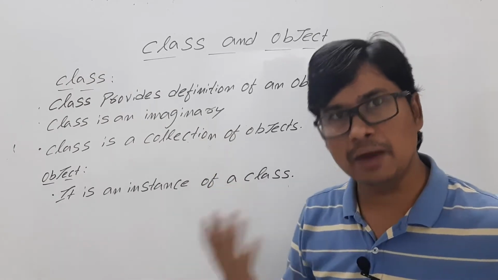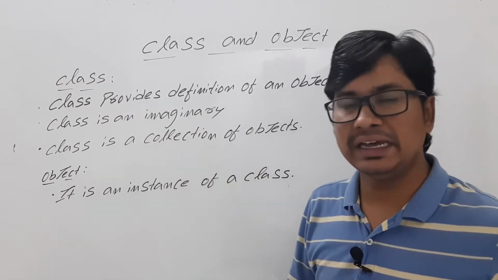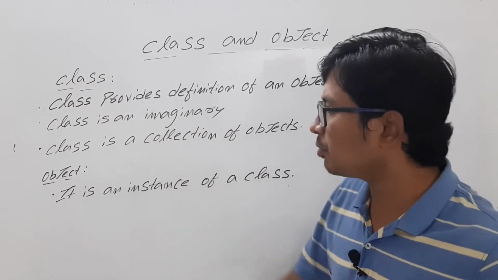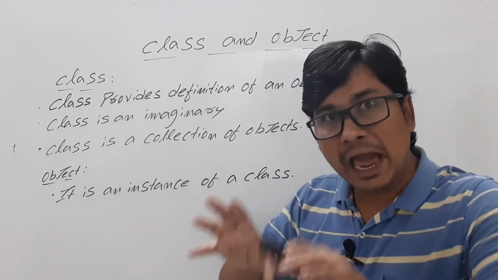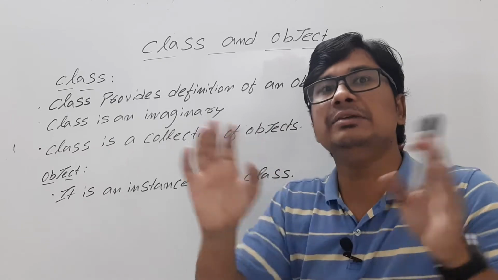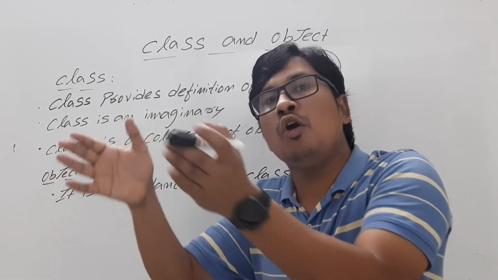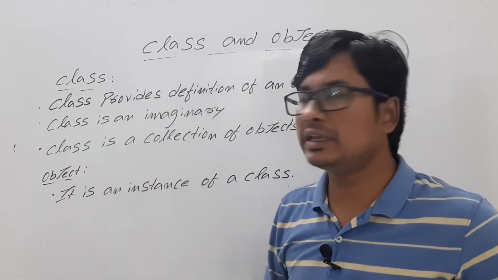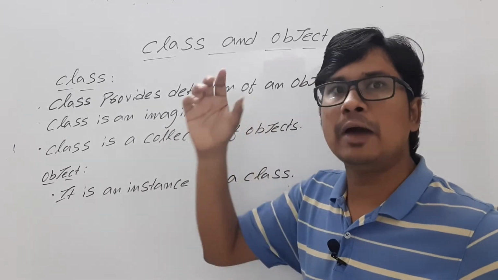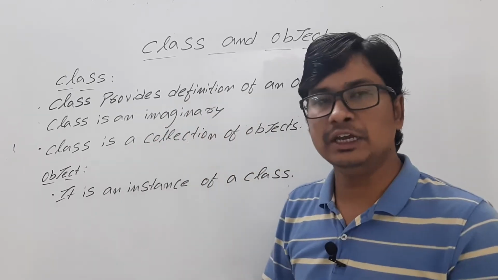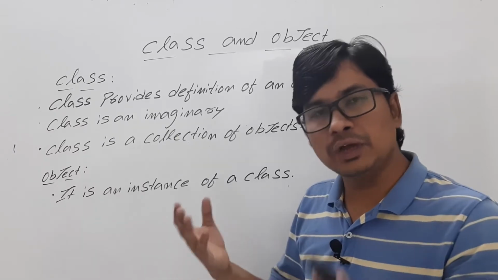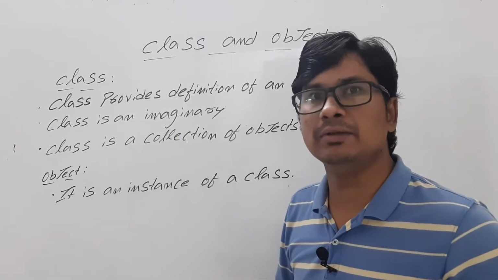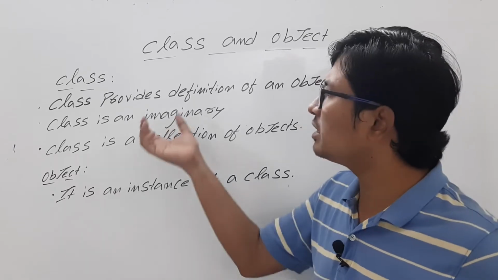Then an Acer laptop, a Dell laptop, HP laptop, Lenovo laptop are the objects because they are the real entity. Whereas the laptop is a class, it is imaginary. This is the way a laptop should look, that is what you are defining. A laptop should have the screen, it should have the keyboard, it should have the charging, it should have the main memory, it should have the secondary memory. All these things you are defining.